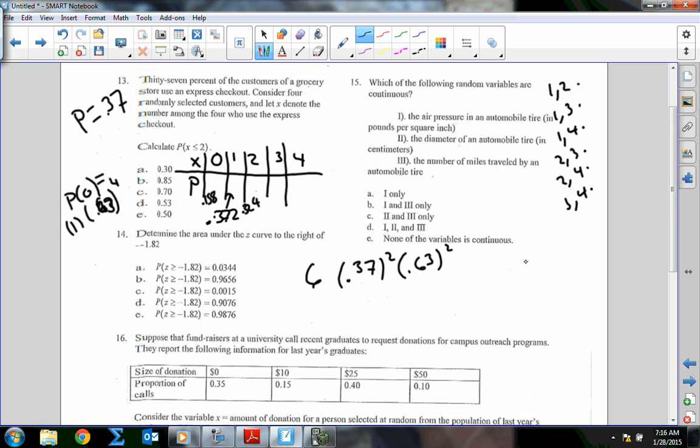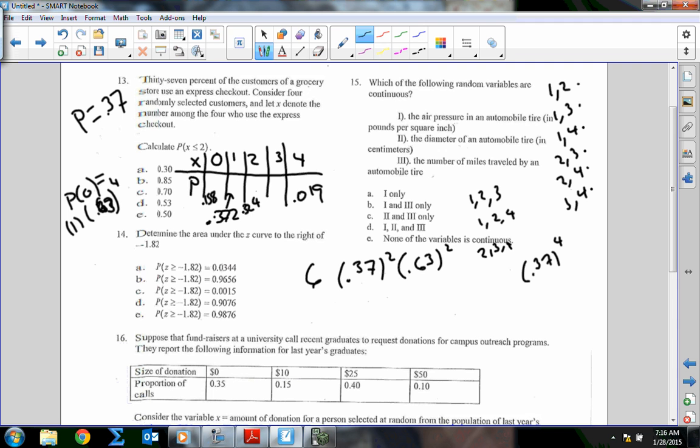To do 4 customers, that's just going to be 0.37 to the 4th, because there's only one way that happens, and that's 0.019. And then for 3 people, it would be 1, 2, 3, 1, 2, 4, 2, 3, 4, and I feel like I'm missing one.